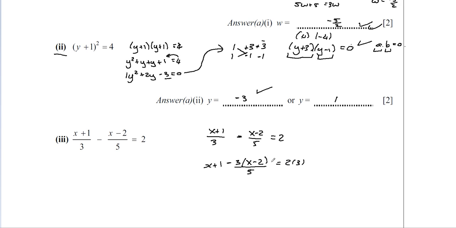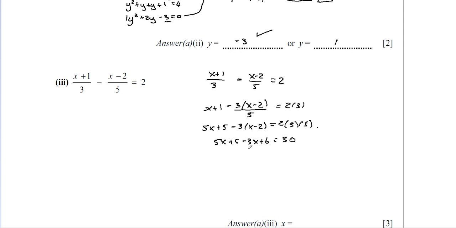Now we do the same with the 5. We're going to multiply everything by 5. So it's going to be 5x plus 5 minus, if you multiply this value by 5, it's going to cancel with the 5, so the top remains, multiplied by 3. So we're going to have 5x plus 5 minus 3x plus 6 is equal to 2 times 5 is 10, 10 times 3 is 30.